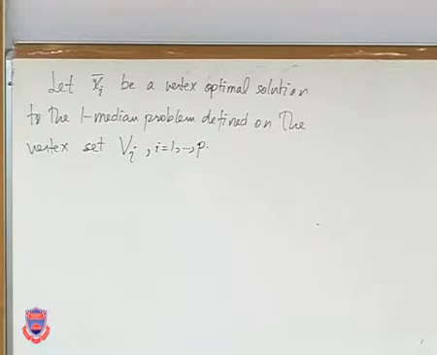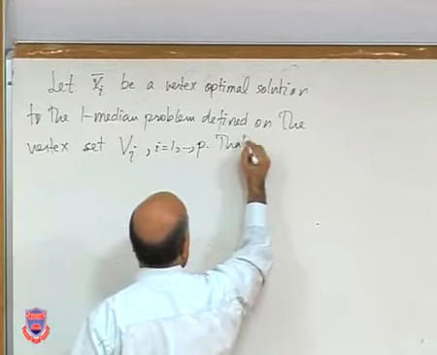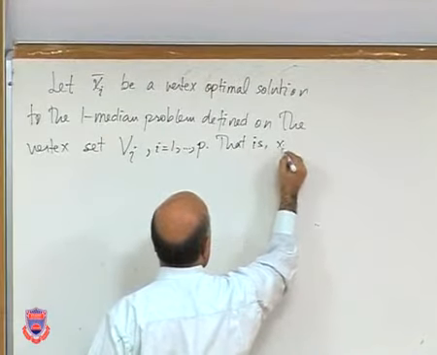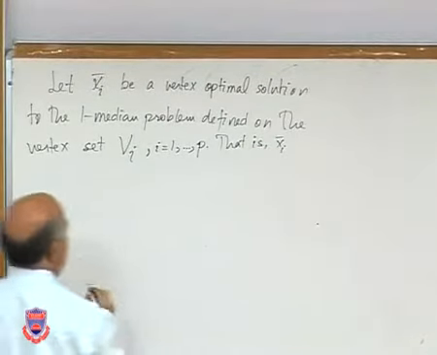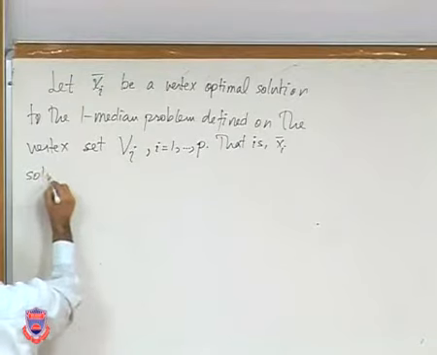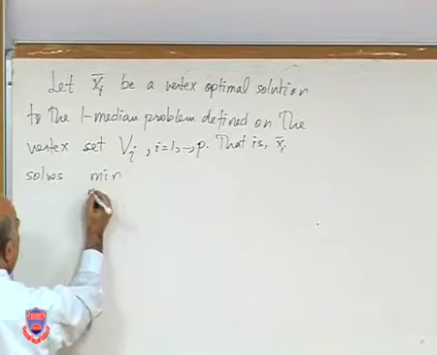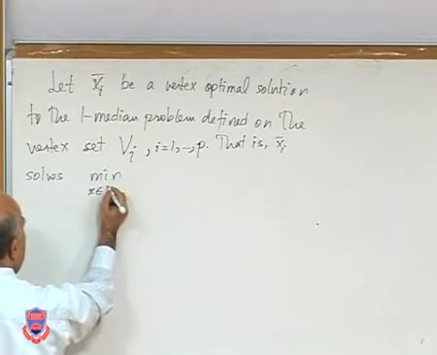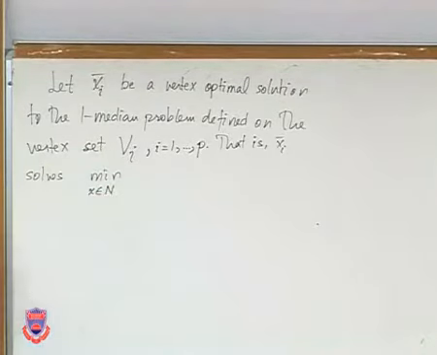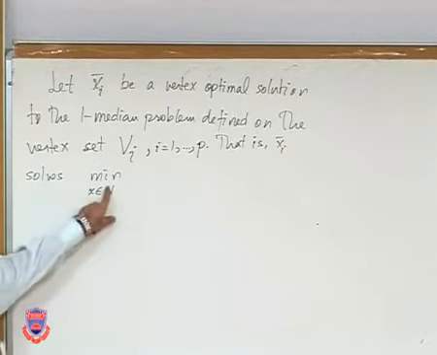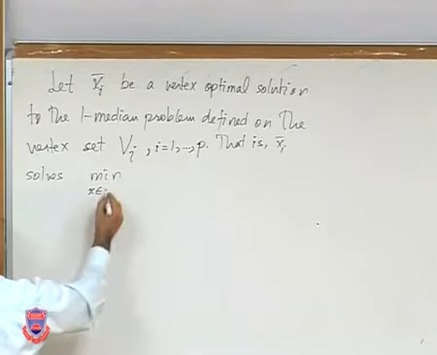So what that means is xi bar solves the following minimization problem. You try to minimize over all points x in N, except that rather than using N, you may restrict your attention to vertices.